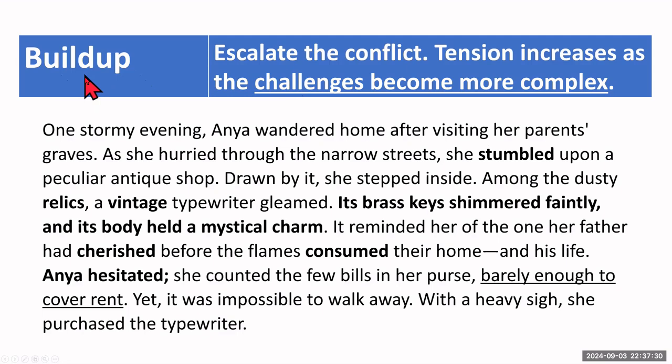Now we have the build up. Here we have to escalate the conflict and make the challenge become more complex. So she barely had enough to cover rent, and yet she spent her money on the typewriter. And again, in bold, I have descriptive devices.